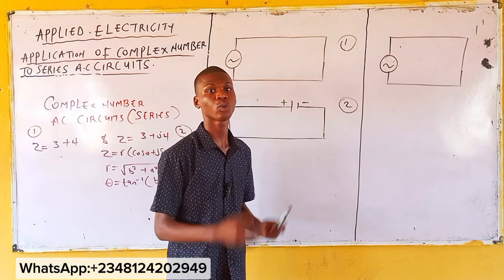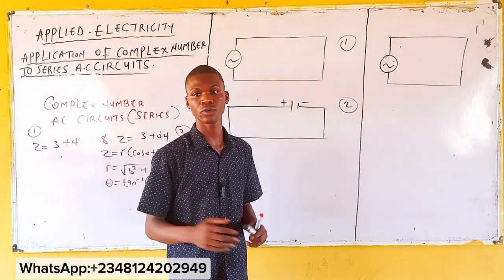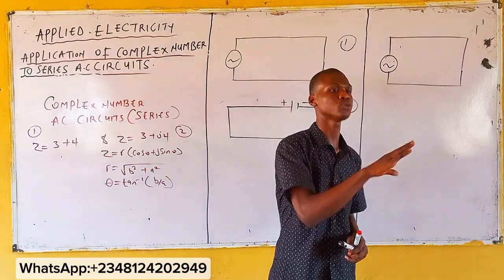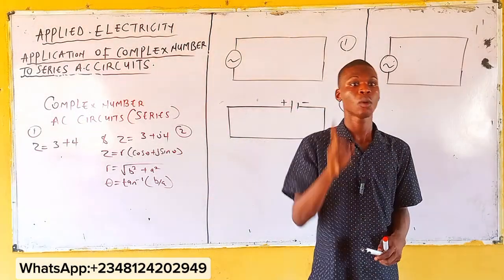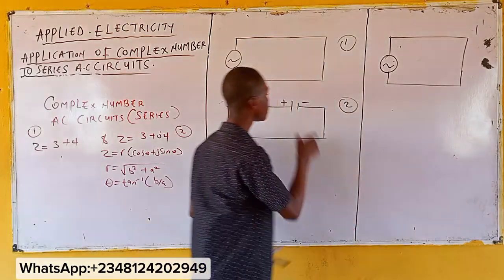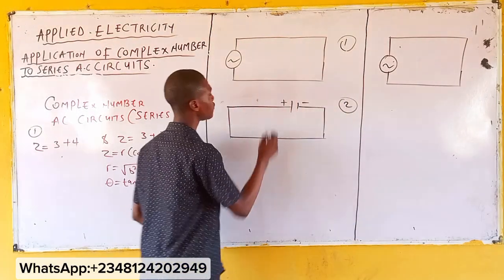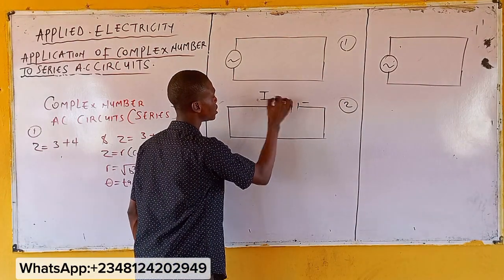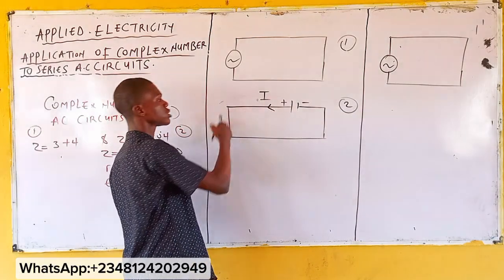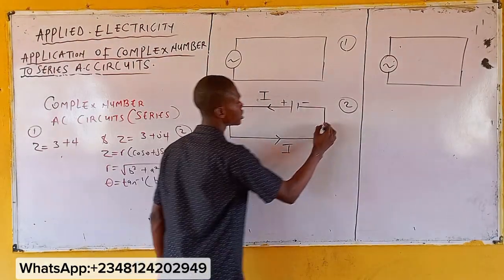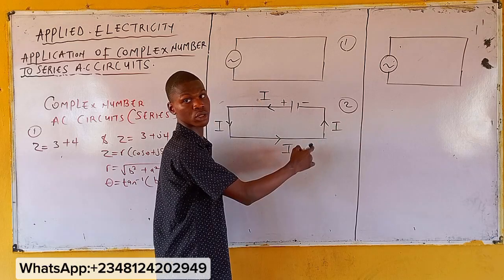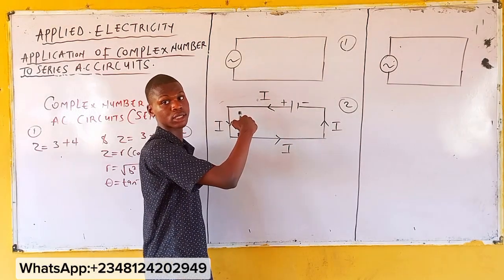My question is, what we've learned before, in what manner do our currents move? Is it from positive to negative or from negative to positive? Positive to negative. Now, meaning for case 2, which is your DC, you have your current in this manner, right? This is I, continuously. Let's say your I is still moving in this way, right? Your I is also moving in this way continuously, right?